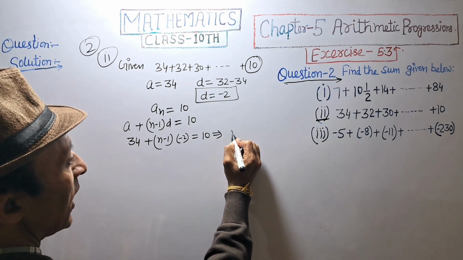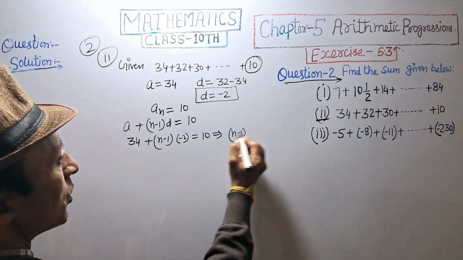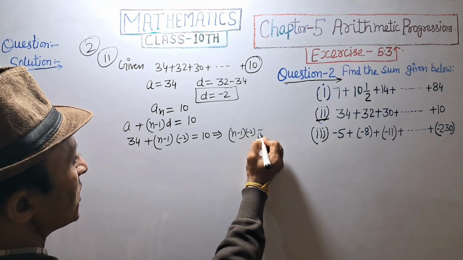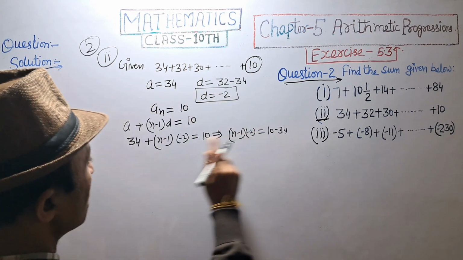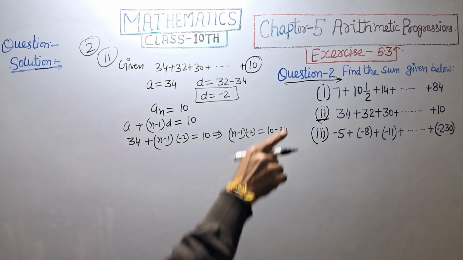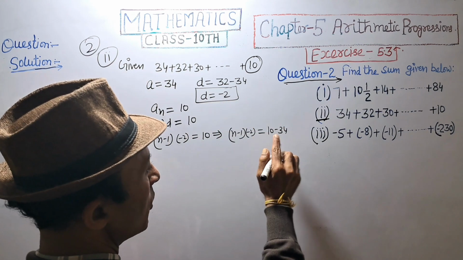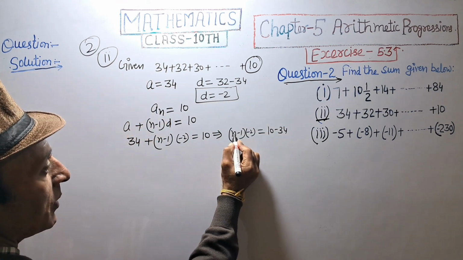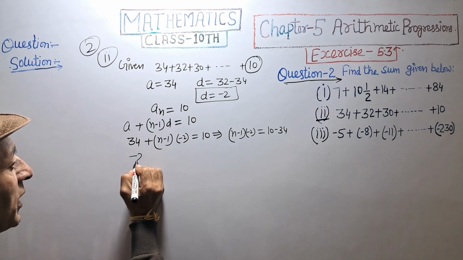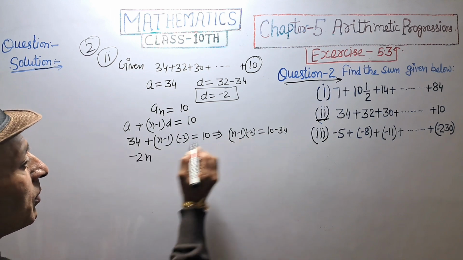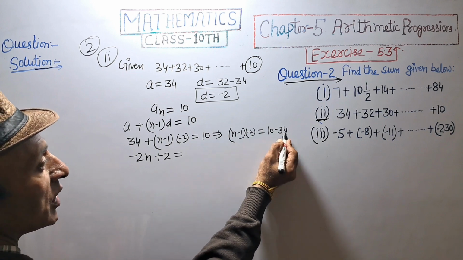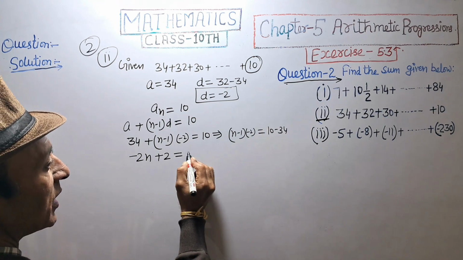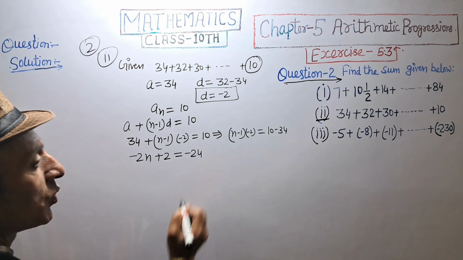This implies (n minus 1) into minus 2 is equal to 10 minus 34. Shifting 34 to the right side as minus 34. 2 multiplied by n is minus 2n. 2 multiplied by minus 1 is positive 2, is equal to 34 minus 10 is equal to minus 24.